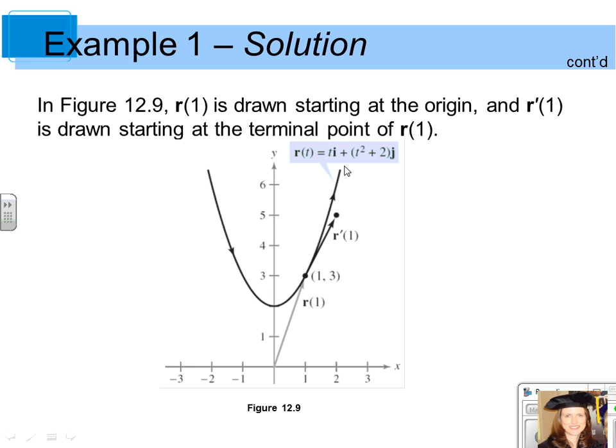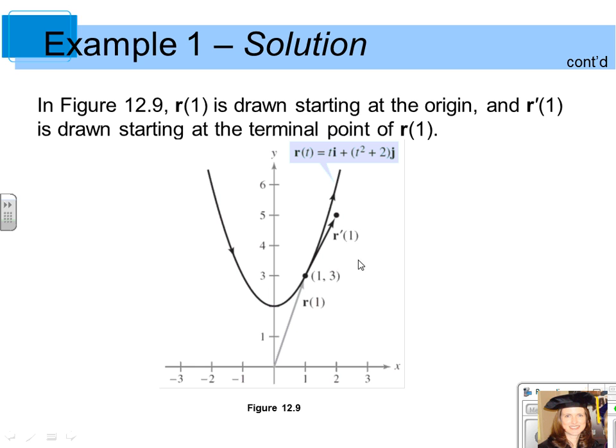Now the curve with the arrow indicates the path, and at the point when t equals 1, you can sketch the position vector, or r of 1 vector, from the origin, and the terminal point of that vector is a point on the path.